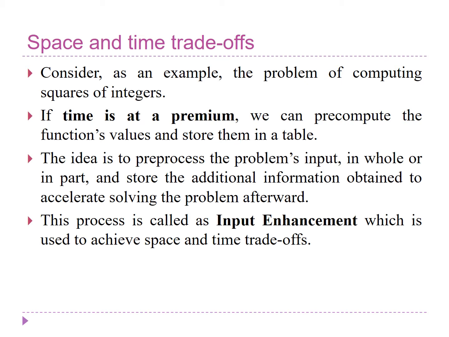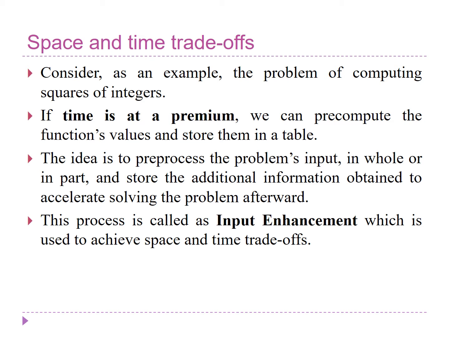Space and time trade-offs in a computational problem are achieved by using more space to store additional information obtained to accelerate the process of solving the problem. Consider an example, the problem of computing squares of integers.